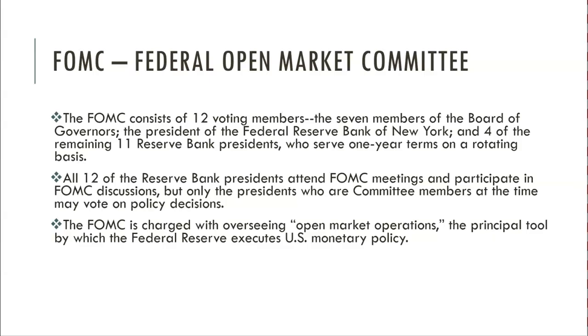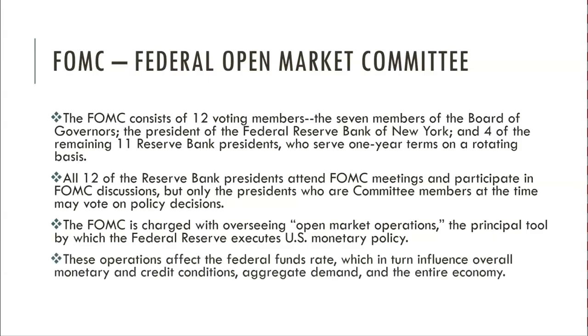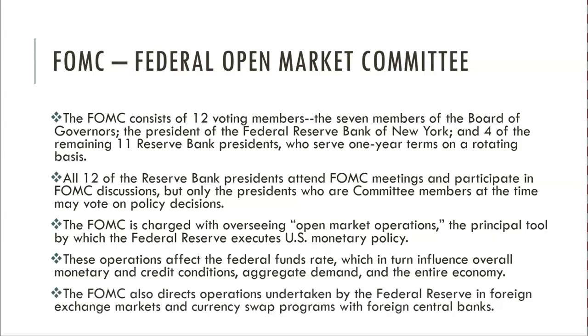Only the presidents and people on the committee vote in policy decisions. So the FOMC is charged with overseeing open market operations. This is the principal tool by which the Federal Reserve executes monetary policy. These operations affect the federal funds rate, which in turn influences the overall monetary and credit conditions. It can affect aggregate demand. It really does affect the entire economy.